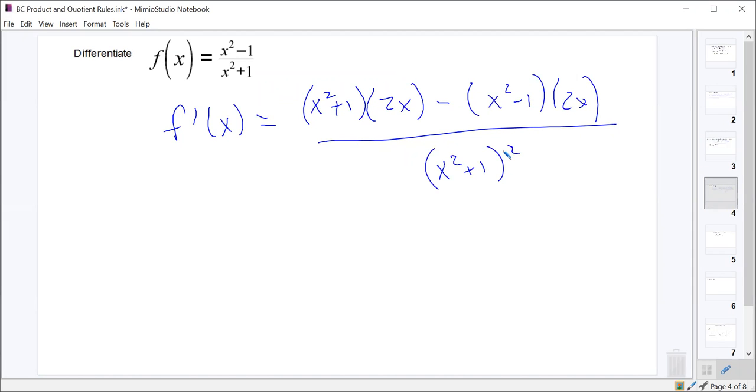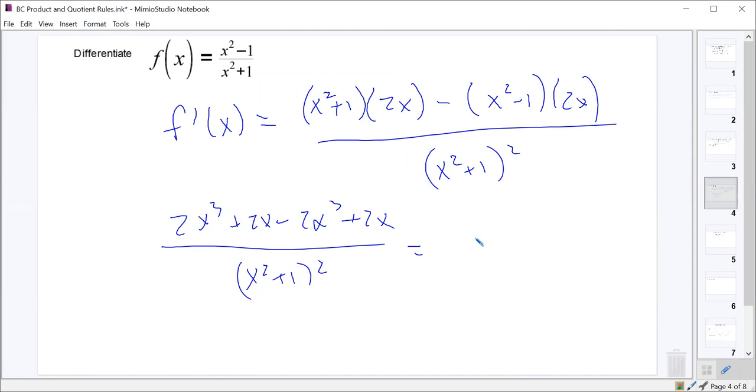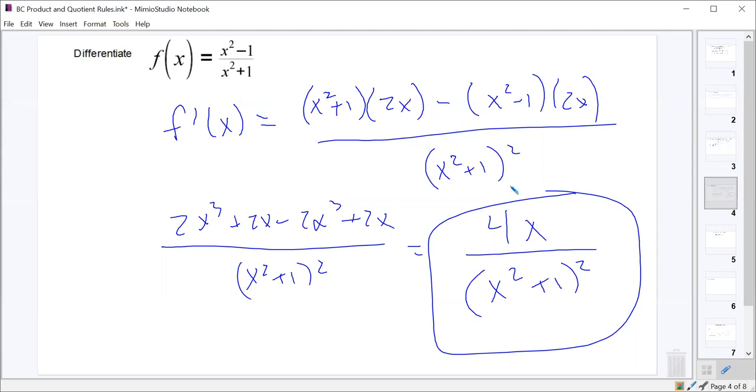And let's simplify this one. What does that come out to if you simplify it? 2x cubed plus 2x, and then minus 2x cubed plus 2x. So we got 4x over x squared plus 1 squared. Good or no?